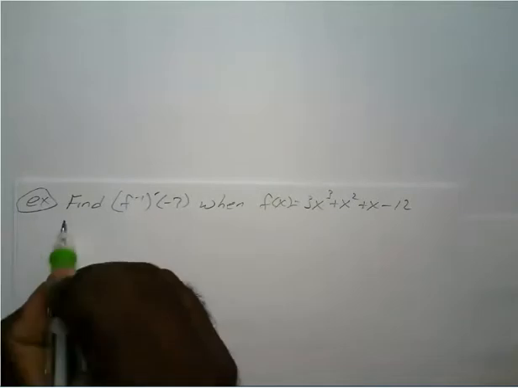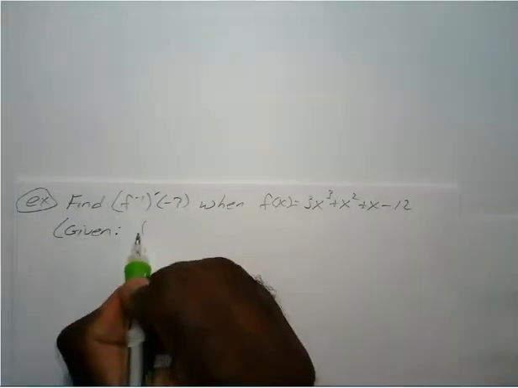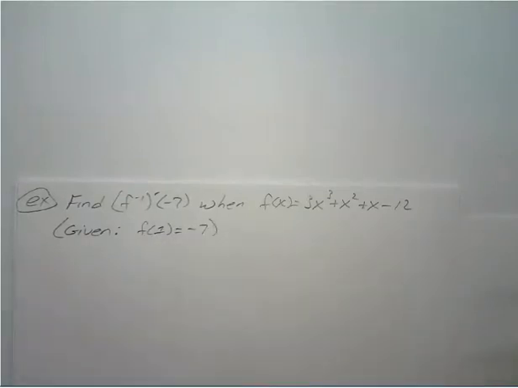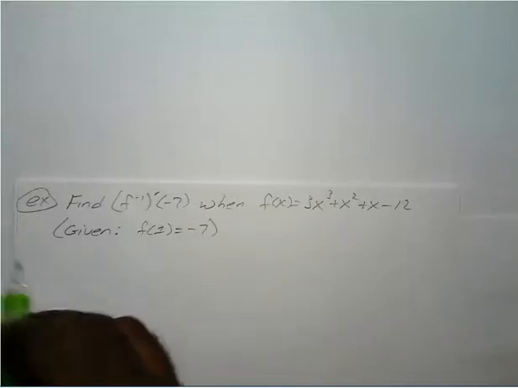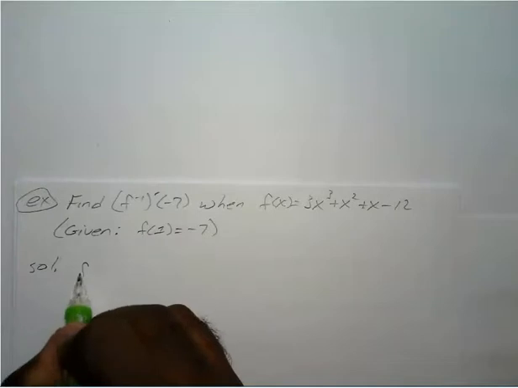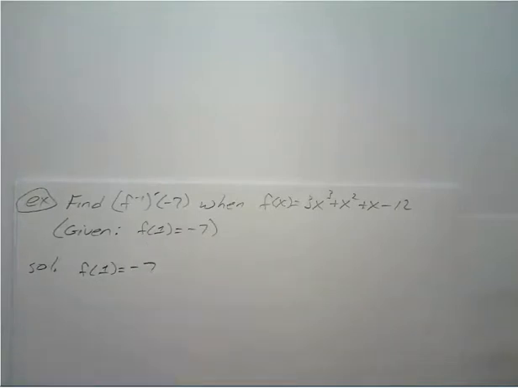And let's say we are given that f of 1 is equal to -7. To solve this one, we know that our f of 1 is equal to -7. That's our given.